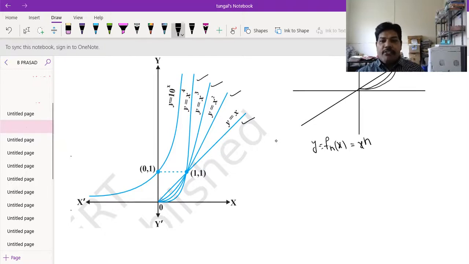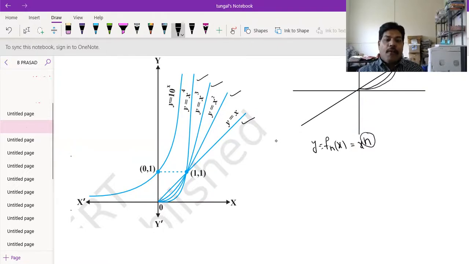If the power n is increasing, all these curves approach the y-axis. So these are polynomial functions, and they are increasing functions.